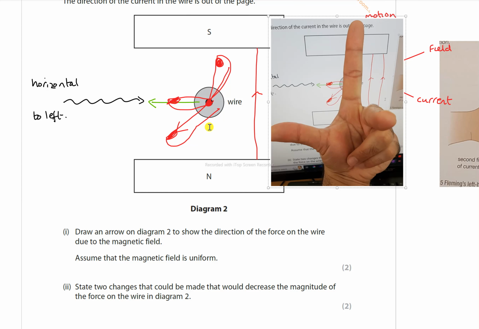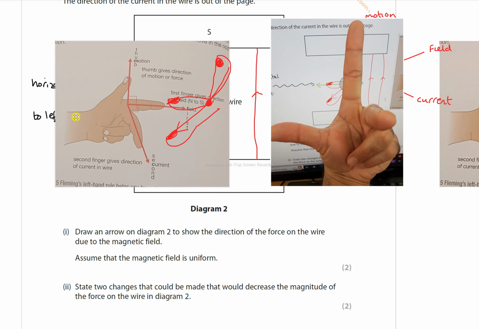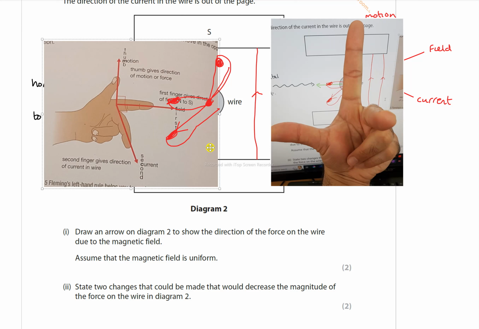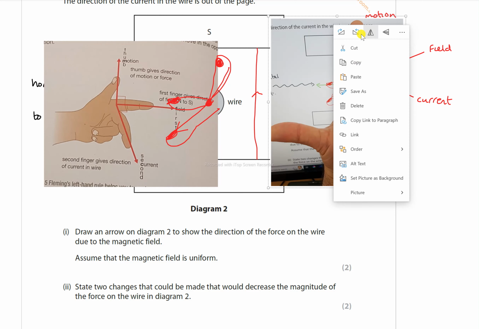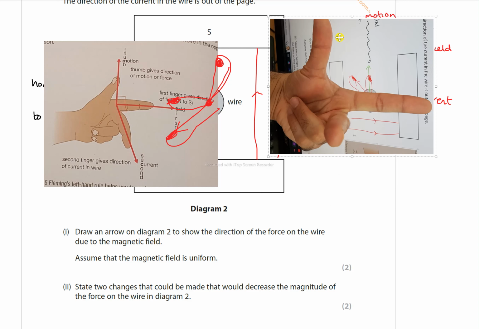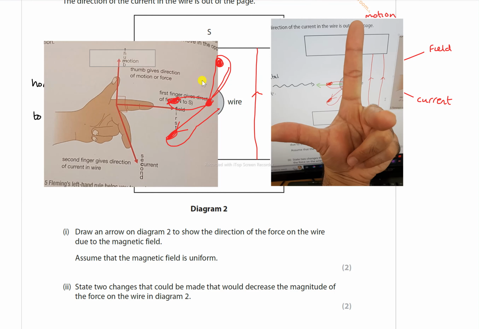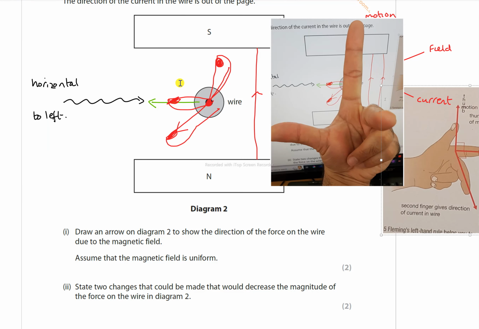It can't be going at an angle. So that's Fleming's left-hand rule. I've rotated it, so that's how they've shown it in the book, and this is how I took the picture. It's good to know that.